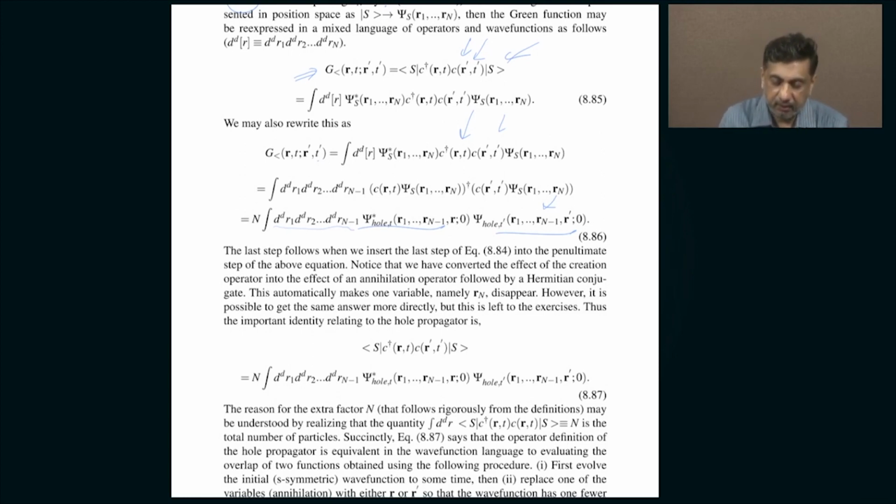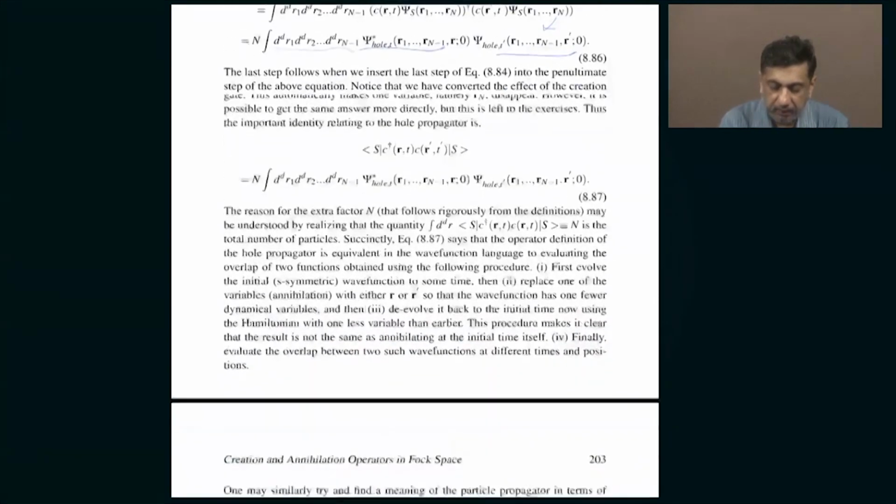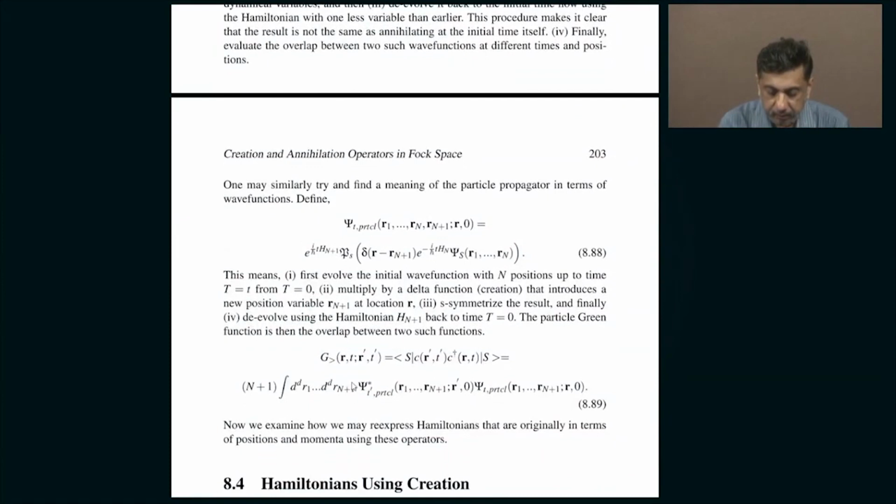Similarly, you can define the particle Green's function, which has a similar interpretation. Take the wave function of a system of n particles to begin with, and you create a particle, that means you insert a particle at position r at time t, and then suppose you instead insert at position r dash at time t dash.